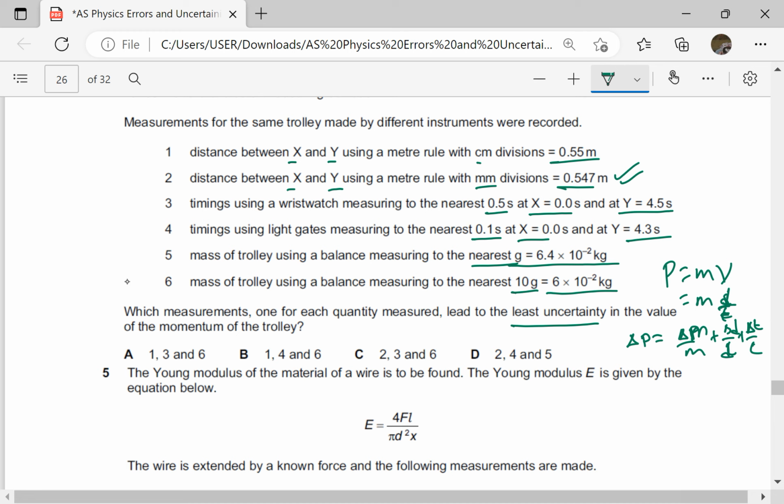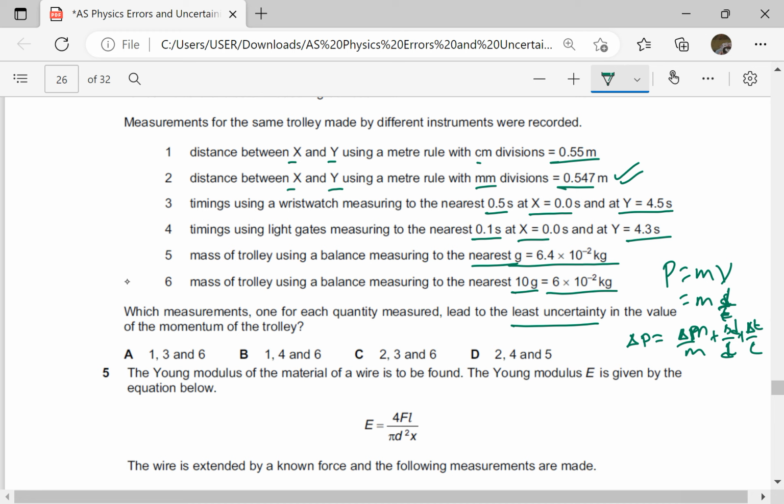So that one gives a smaller uncertainty. Then when I use light gates, they are measuring a small value.